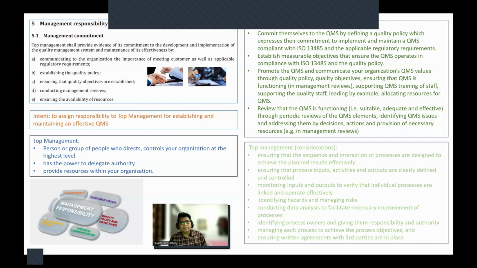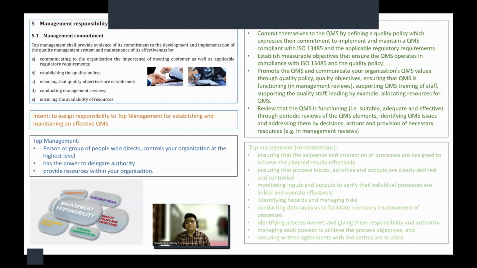Review that the QMS is functioning, suitable, adequate, and effective through periodic reviews of the QMS elements, identifying QMS issues and addressing them by decisions, actions, and provision of necessary resources. So they have to conduct management reviews periodically.